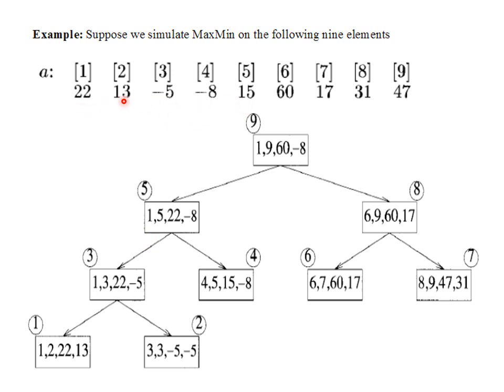The first list contains 1 to 3, with lower value 1 and upper value 3, and 22 is the maximum value and minus 5 is the minimum value. And the second part, since we divided entirely into 2 parts, contains index values 4 and 5, with 15 and minus 8.